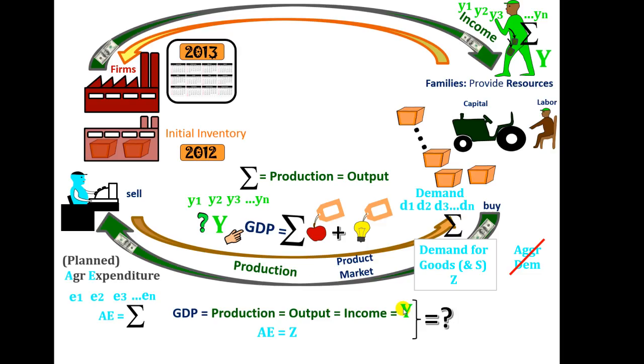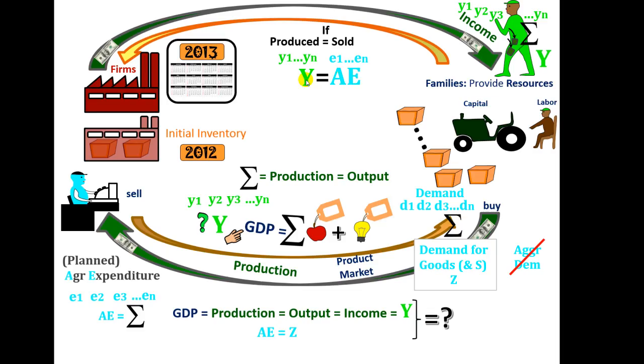Now, are these two things the same? Well, if what was produced is equal to what was sold, like in this example, so in this case this is what was produced, and this is what was sold. So in this example, what was produced, which is Y, the sum of these values, is exactly the same as the sum of this value, which is aggregate expenditure.